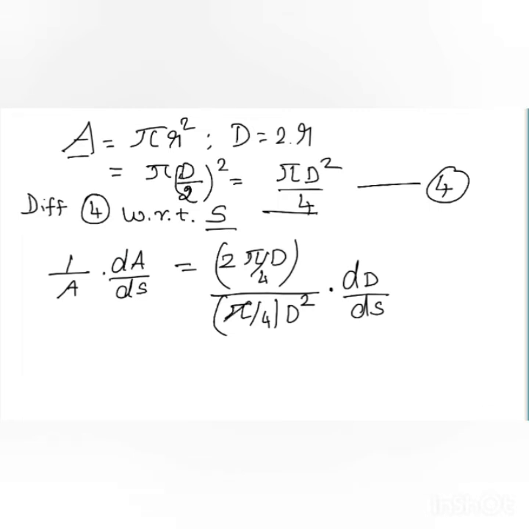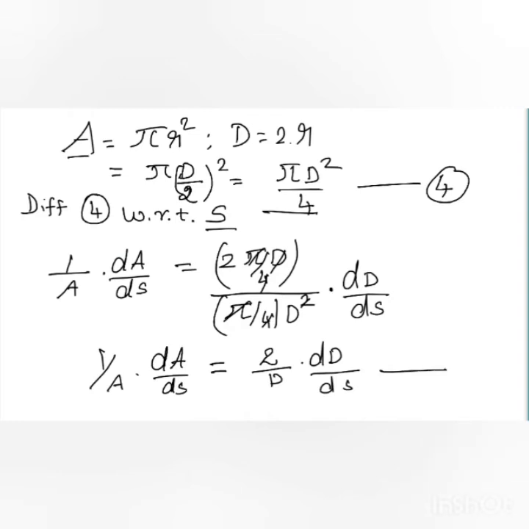So we can cancel out pi and pi, 4 and 4 can be cancelled, d and d can be cancelled. So thus 1 by A into dA by ds can be written as 2 by d into dd by ds. I'm going to name this equation as equation number 5.